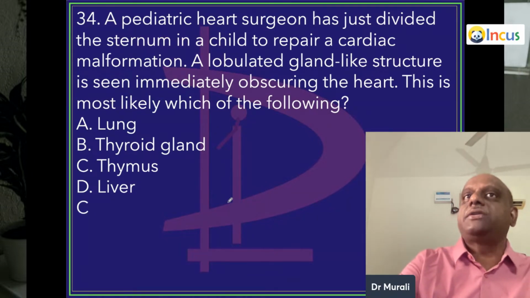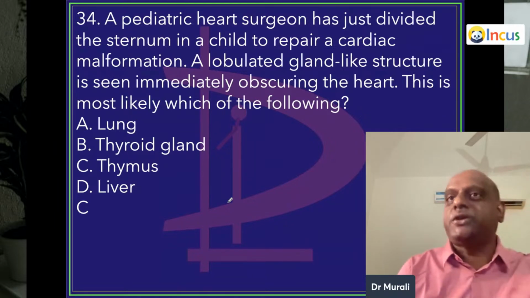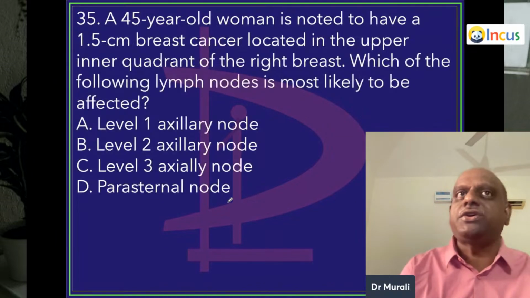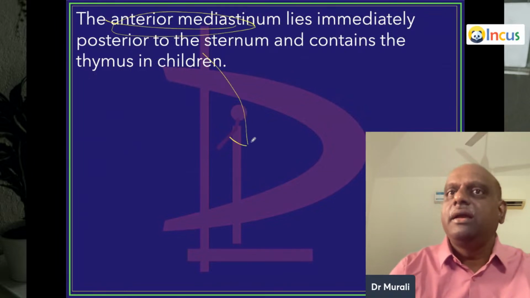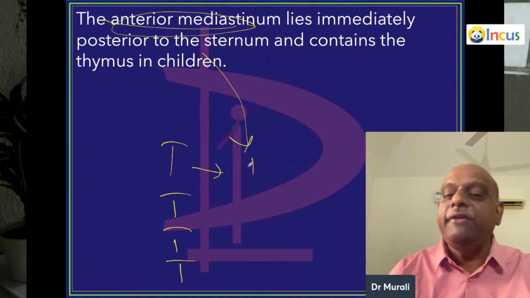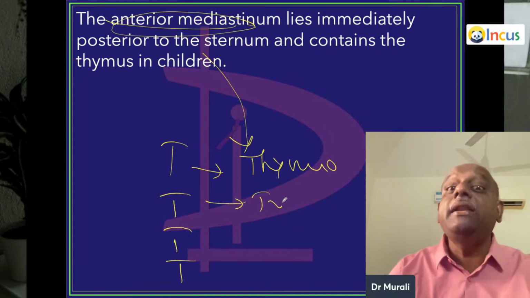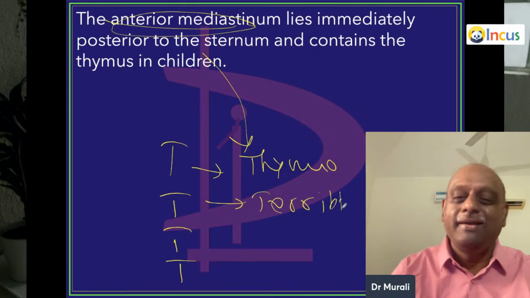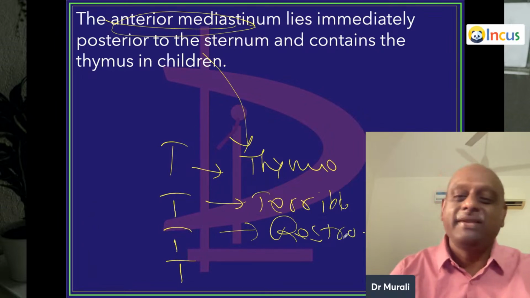So the thymus is a lobulated gland-like structure which obscures the heart, is what you should remember. So what are the four anterior mediastinal masses? T, T, T, and T. T for thymoma, T for terrible lymphoma, T for retrosternal thyroid.